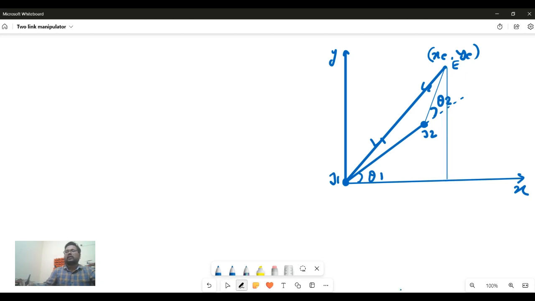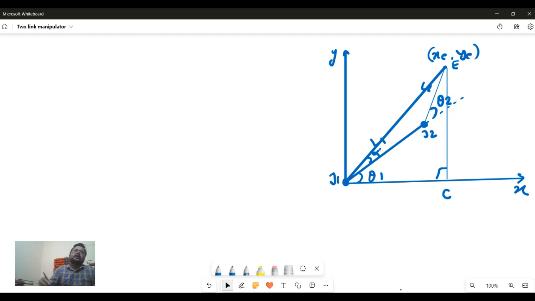Let's consider this is point C. Now let's assume this angle is alpha. Later I will find out the value of alpha, but let's assume this angle is alpha. So now this is a complete right angle triangle J1, E and C.